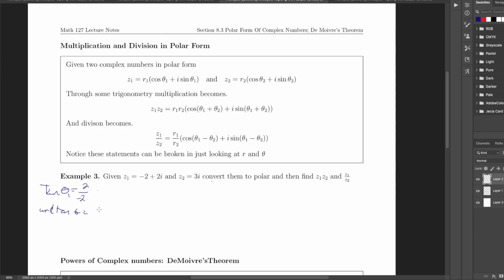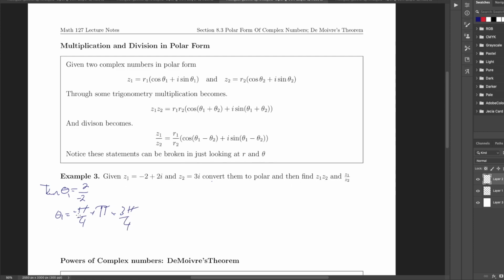If I take arctangent of both sides, theta 1 is equal to minus pi over 4. But since this is negative, I must add pi to it to get the correct answer. So this is 3 pi over 4.